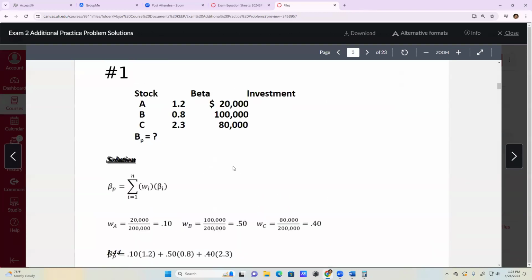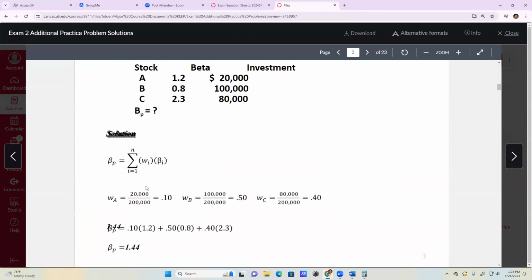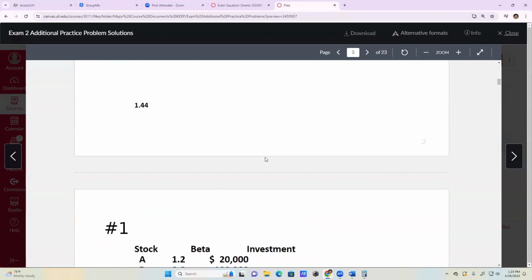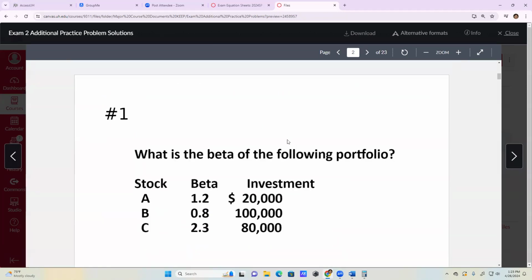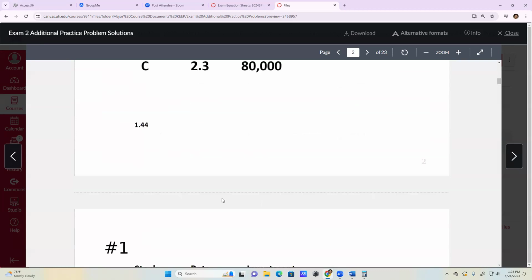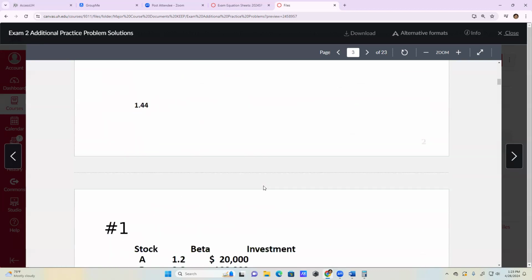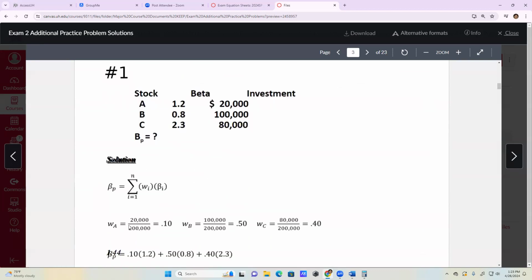All right, so this one. The first thing they did: look at the problem type and try to remember the way it asked. They take the investment for A and divide by the total investment, which they add up.